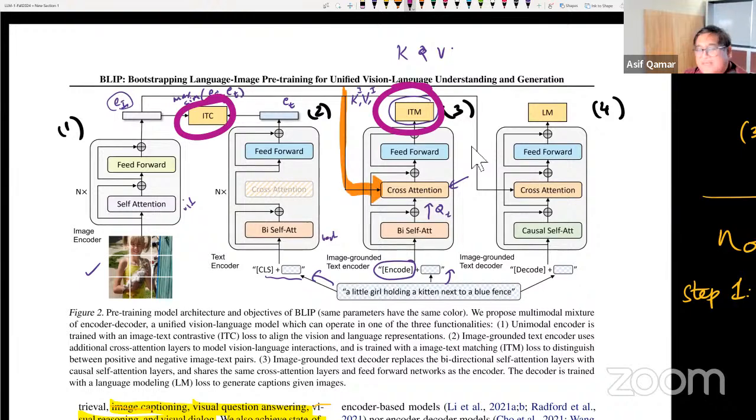And finally, now observe one thing very interesting. The image is the one that is giving the grounding to the first encoder. The cross attention is in the encoder, but it is also giving a grounding to the decoder, isn't it? And this text is going to the decoder.